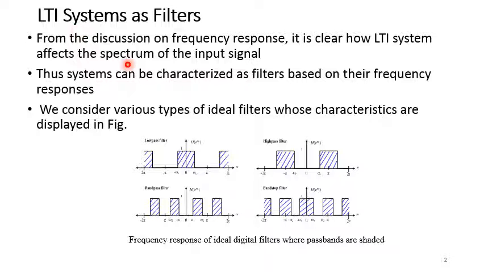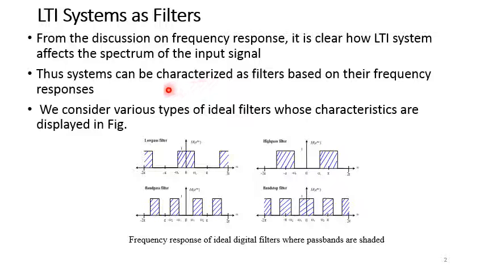Based on the frequency response of the LTI system, we observe that it affects the spectrum of the input signal, meaning to say that it passes some of the frequencies, weights some other frequencies, and totally removes some other frequencies.